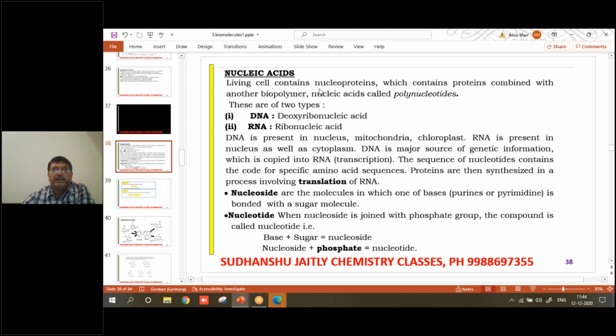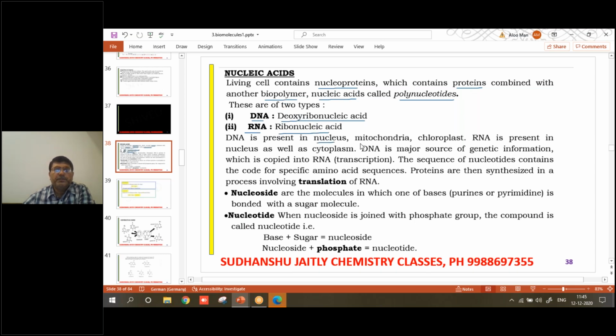The living cell contains nucleoproteins, which contain protein combined with another biopolymer, nucleic acid, called polynucleotide. These are broadly of two types: deoxyribonucleic acid, DNA, ribonucleic acid.